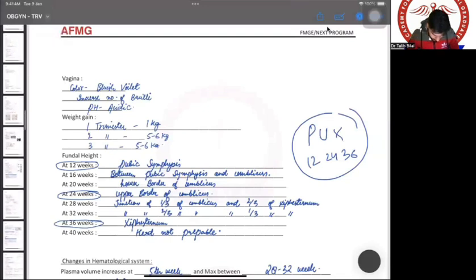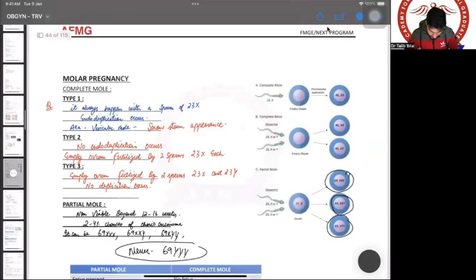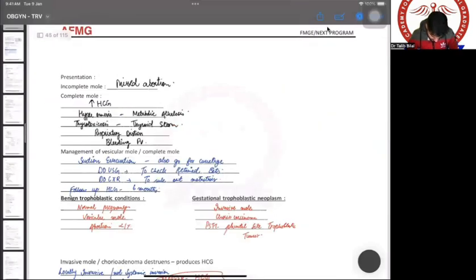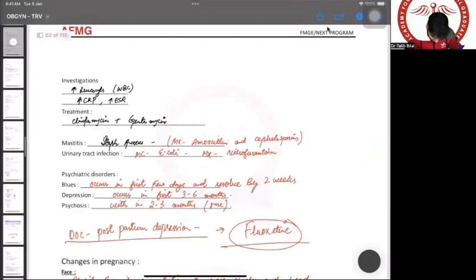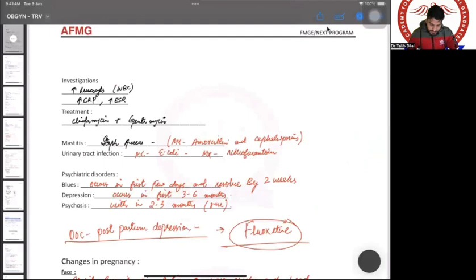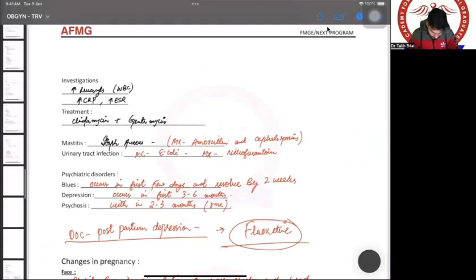I'm not able to find that. Okay, guys, that I will post in my channel, one particular image showing at how many weeks what the fundal height will be.